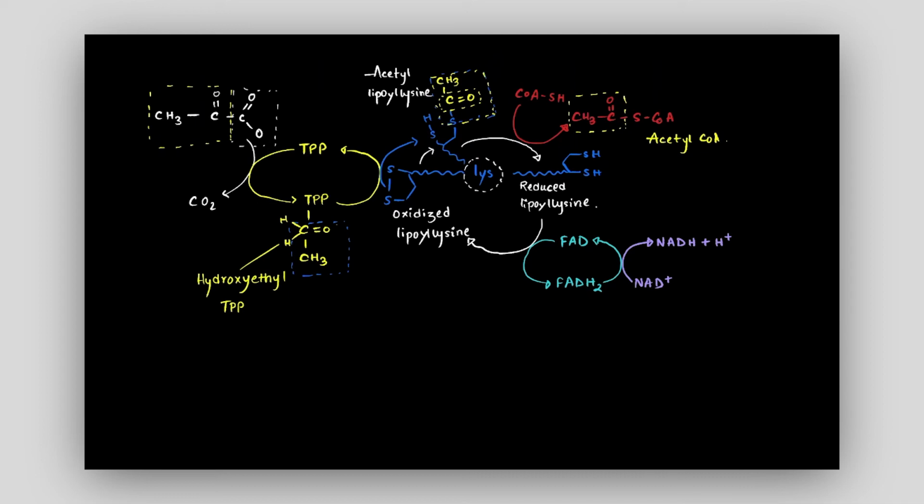So finally what we have is our acetyl CoA, which we needed for the TCA cycle, and above that we have the carbon dioxide that is a part of the decarboxylation process.